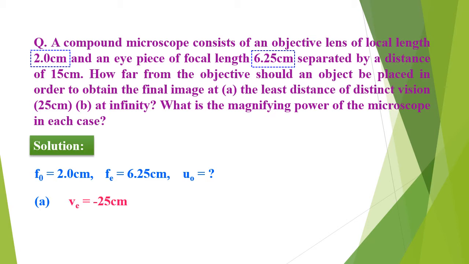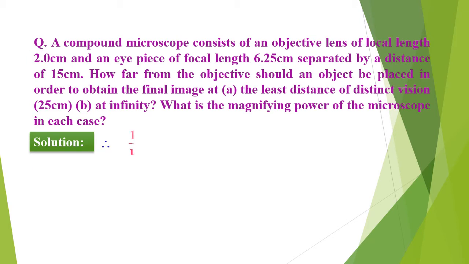Now first case, the image distance by the eyepiece is equal to minus 25 centimeter, that is at a near point, least distance of distinct vision. So we have the formula 1 by VE minus 1 by UE is equal to 1 by FE, that is for the eyepiece. 1 by UE is equal to 1 by VE minus 1 by FE.